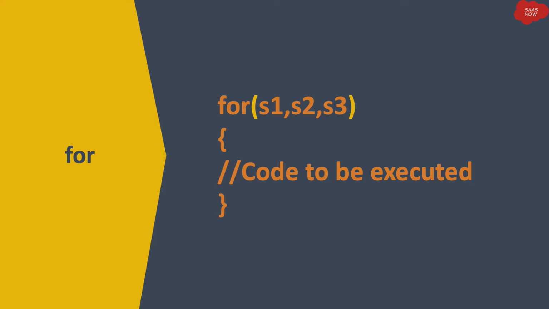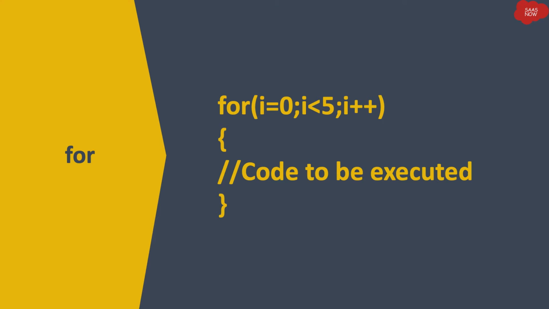And these 3 statements which we have mentioned in brackets, that is S1, S2 and S3 after the for keyword, are basically lines of code which are executed. For example, you have i = 0, i < 5 and i++. Now all these 3 statements are used in for loop.